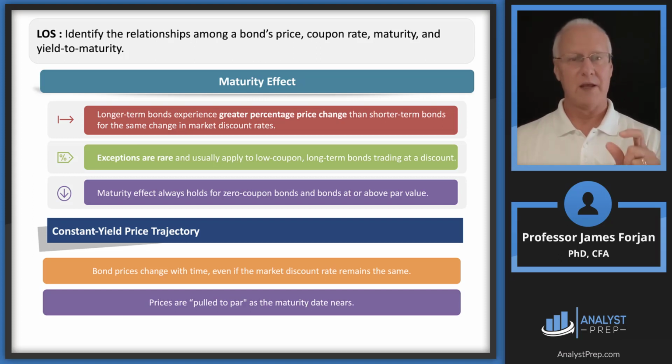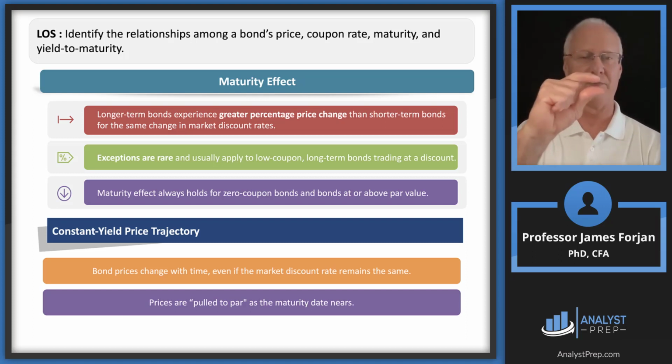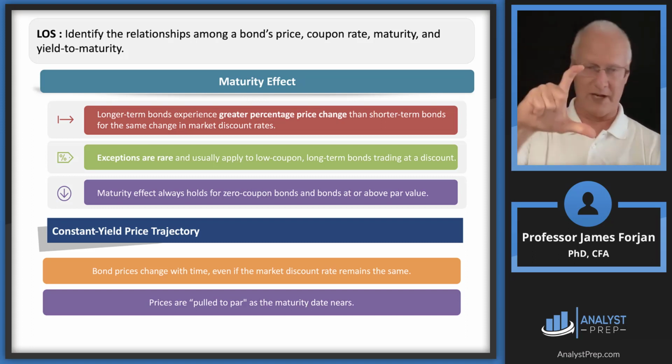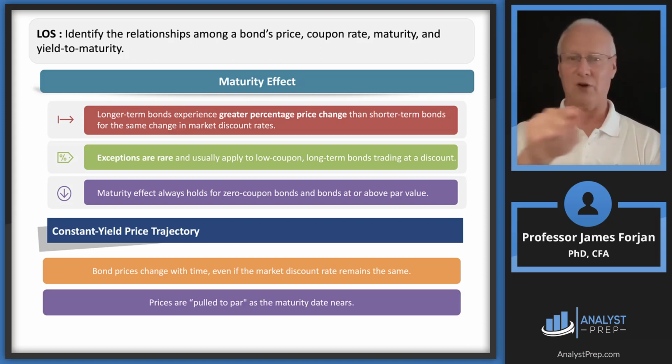But the bondholder who owns the 5-year bond will experience a drop in price of about this much. But the bondholder who owns the 50-year bond will experience a drop in price by about that much. So look, that's super important. Longer-term bonds are way more sensitive to changes in yields than shorter-term bonds.